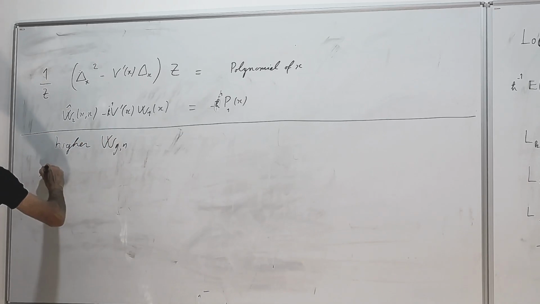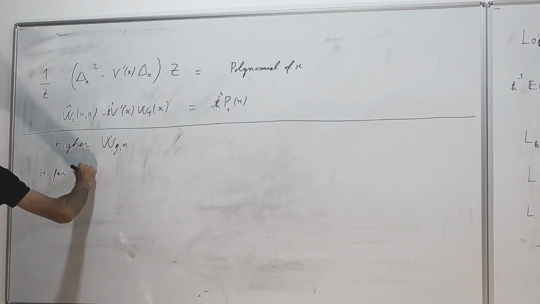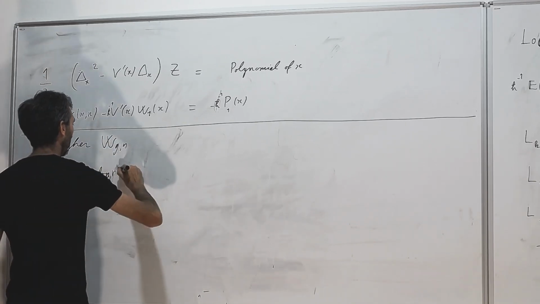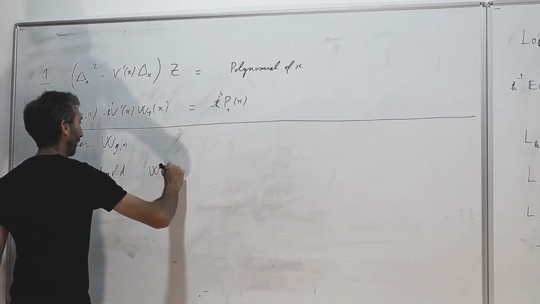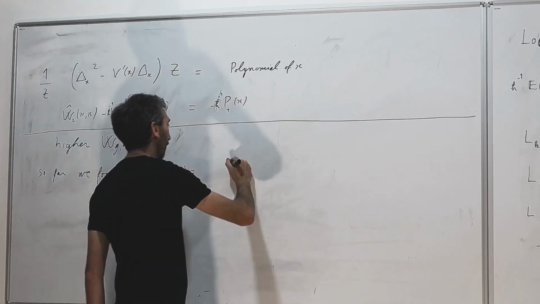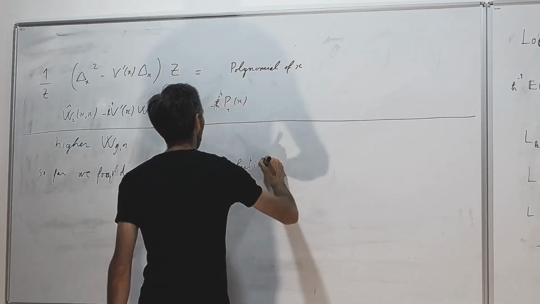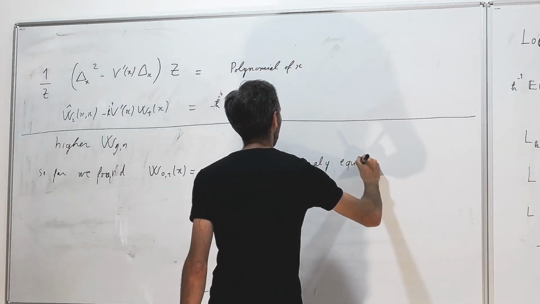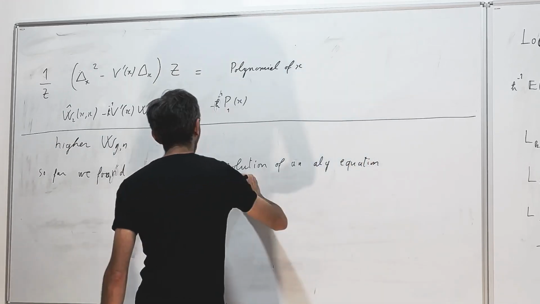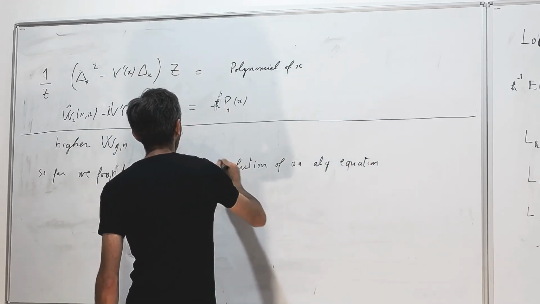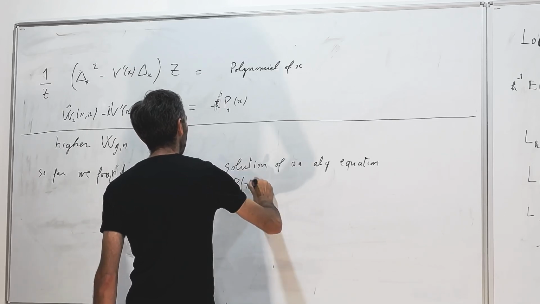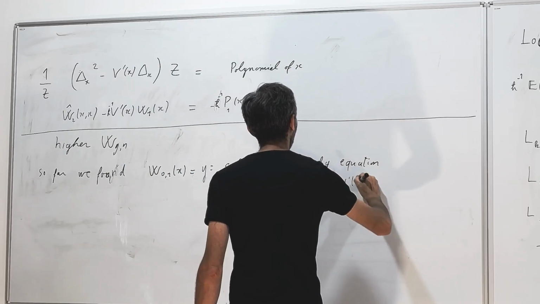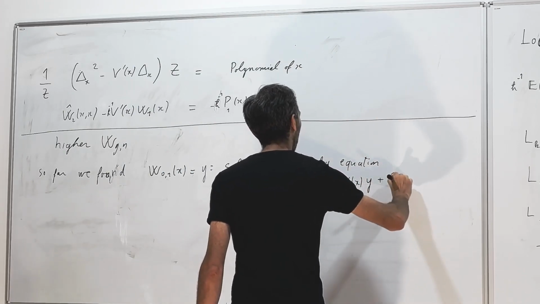So far, we found W_0,1 of x, which is solution of an algebraic equation. So if you call it y, it's solution of an algebraic equation of the type P of x, y equals 0. And here in this case, this is y squared minus v prime of x y plus P_0,1 of x equals 0.